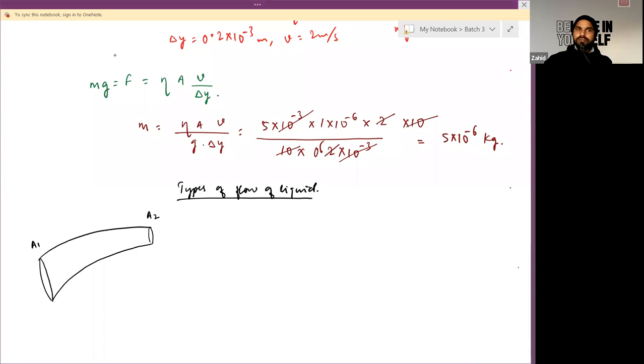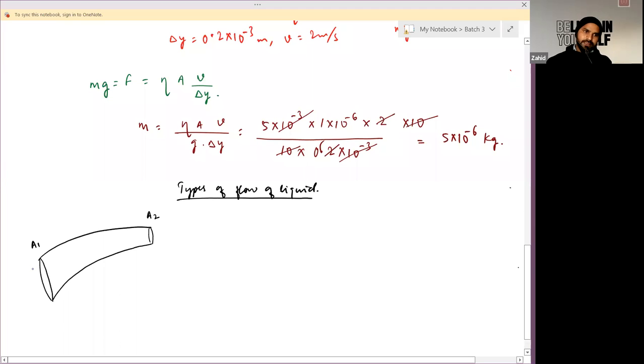If the velocity of each layer of liquid at this point is V1, it will be possible only if there is no viscosity between layers of liquid, or no viscous force acting between layers of liquid. Similarly, at this cross-section area, the velocity of each layer is V2.